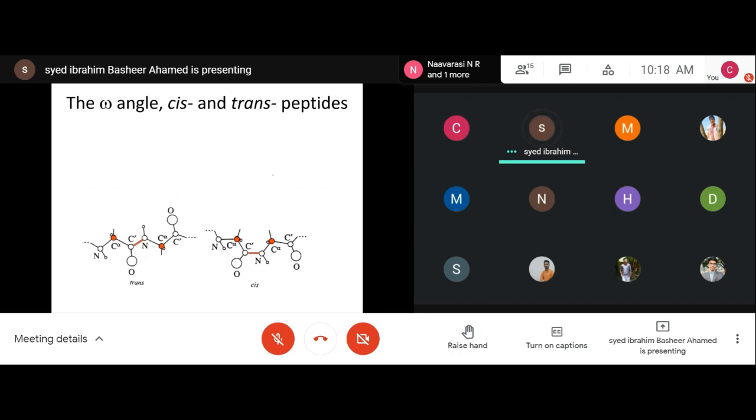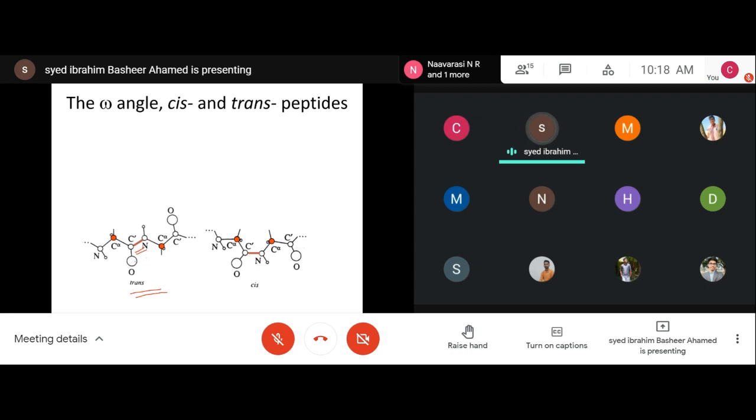Now the omega angle in cis and trans peptides. Here this is the trans peptide. You can see C prime double bond O, this oxygen, and this NH. This is the peptide unit.